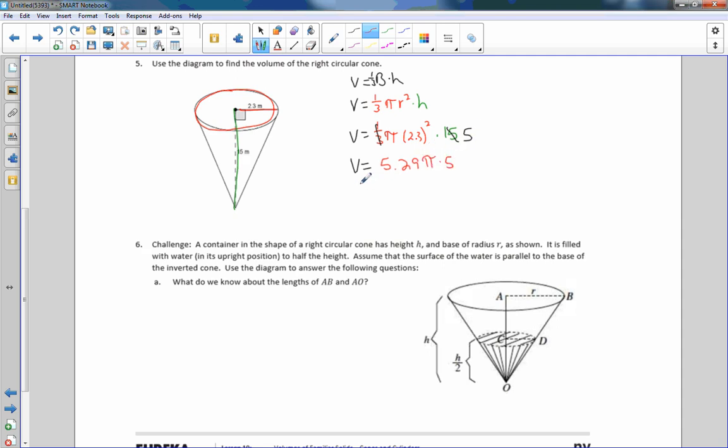Don't forget this 5 like I did last time. So the volume equals 5 times 9 is 45, carry the 4, 5 times 2 is 10, plus 4 is 14, 5 times 5 is 25, plus 1 is 26. So it's 26.45 pi meters cubed.